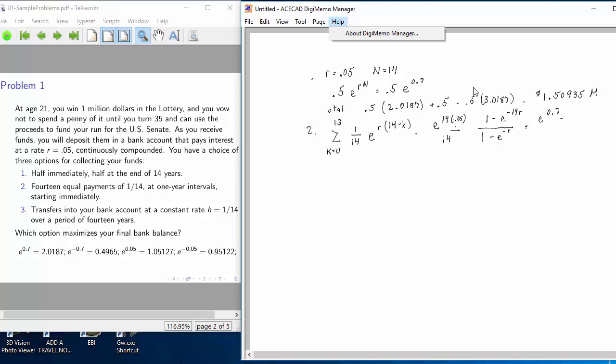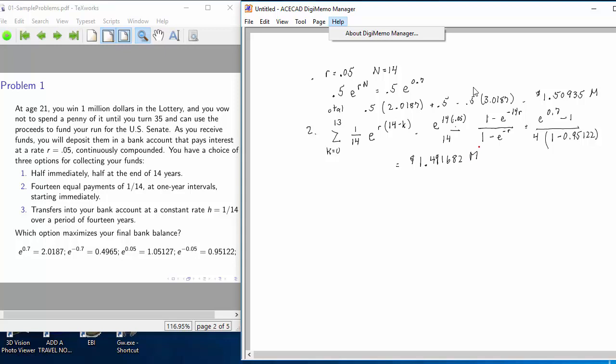This times this is 1. That's convenient. In the denominator, we have 14, and then I have to look up e to the minus r. I get 1 minus 0.95122. I threw this all into a calculator, and it worked out to 1.49162 million. Close to the first amount, but not quite as good.